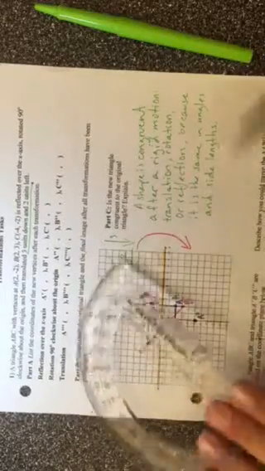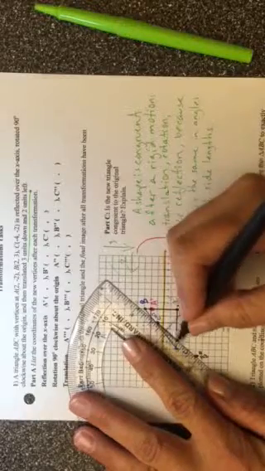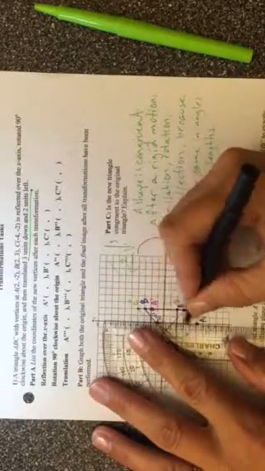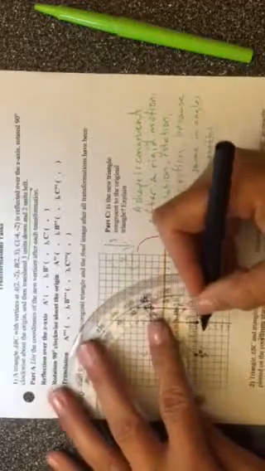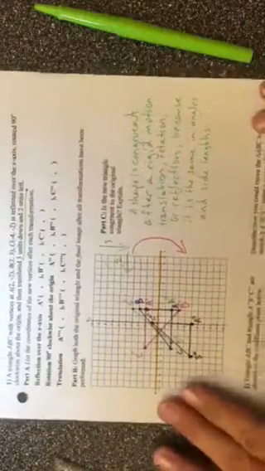Okay, let's go ahead and draw that in. And we are done with this part of it, except writing in the locations. I'm going to do that in a minute.